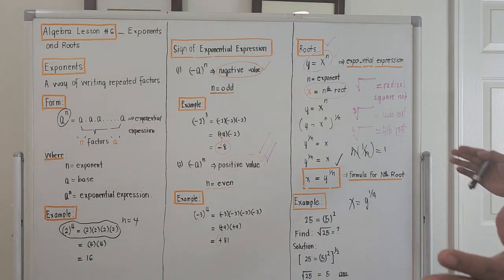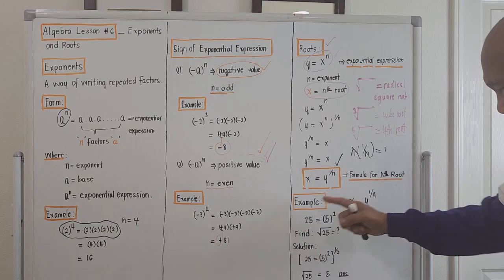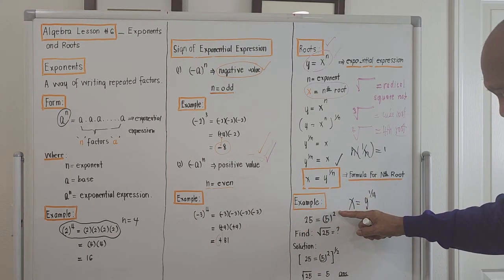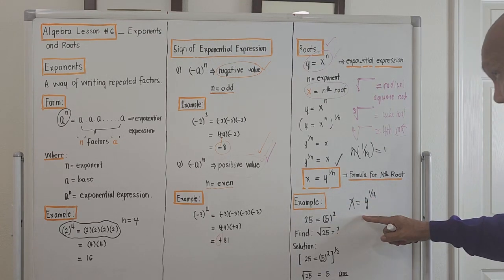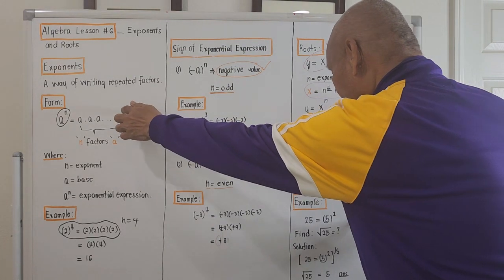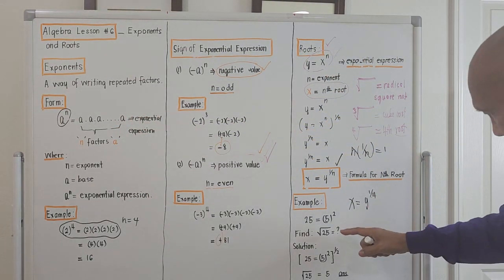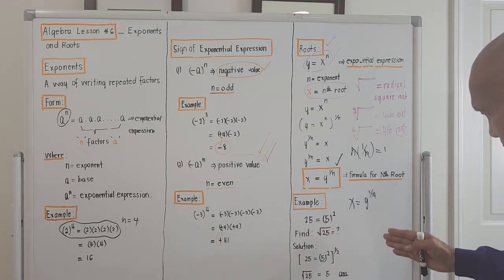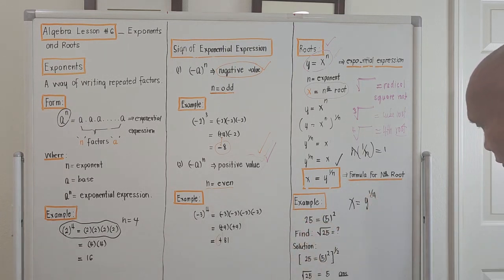An example of this: 25 can be written as 5 raised to the second power, because 5 to the second power is the product of 5 times 5. It is this equation here. If the problem is asking for the square root of 25, you go back to this equation here and raise both sides of the equation to the 1 half.